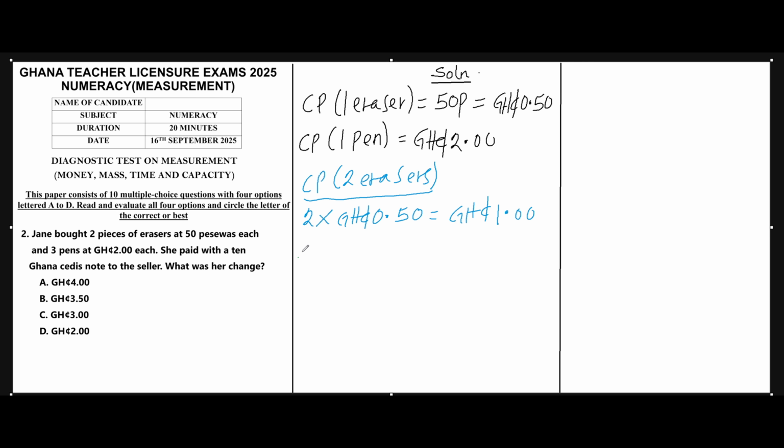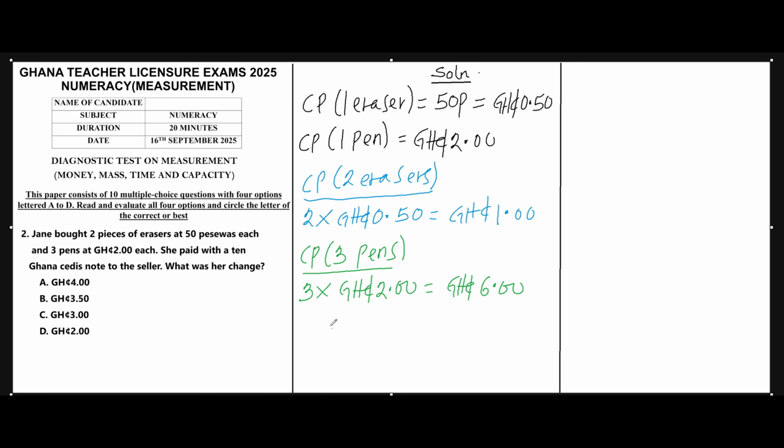Now let's also find the cost price of 3 pens. We know that the cost price of a pen is 2 Ghana cedis, and Jane bought 3 pens. So the cost price of 3 pens will be 3 multiplied by 2 Ghana cedis, and this will give us 6 Ghana cedis.